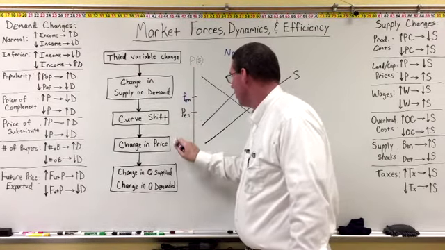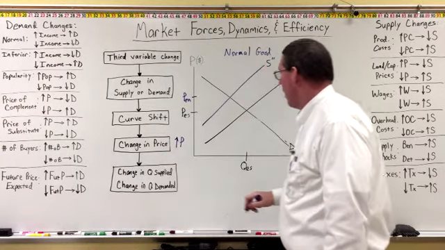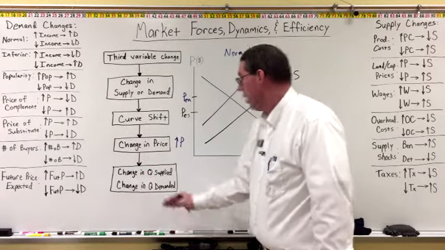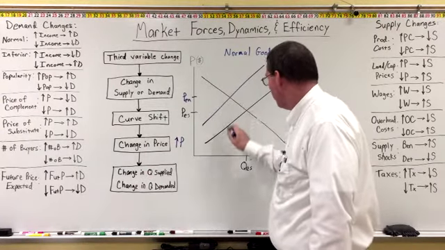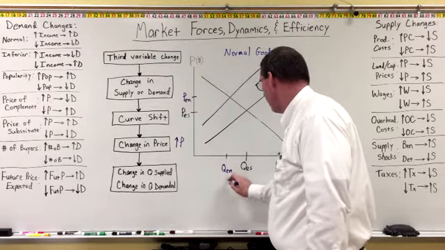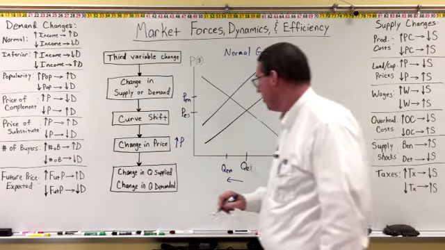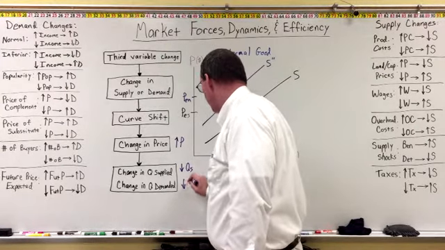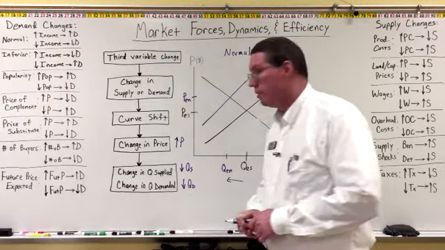So the price is going to go up. And then when the price goes up, that's obviously going to affect a change in quantity supplied and a change in quantity demanded. And ultimately, both of those things are going to go down. We're going to have a new equilibrium quantity, which is smaller than the old equilibrium quantity. And we're going to have a decrease in quantity supplied and a decrease in quantity demanded.